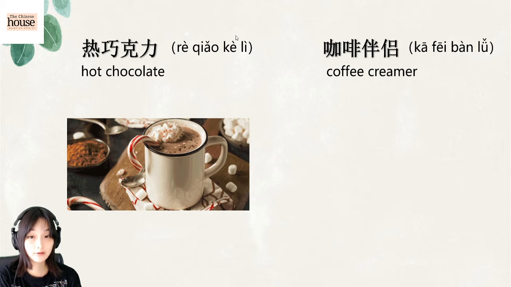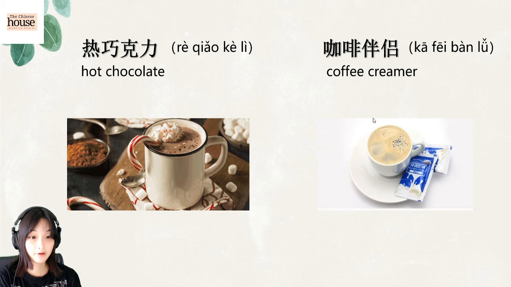巧 third tone, 克 first tone, 力 fourth tone. 热巧克力. Coffee creamer, 咖啡伴侣. In Chinese this is partner, so coffee partner is the cream that you must add. 咖啡伴侣.